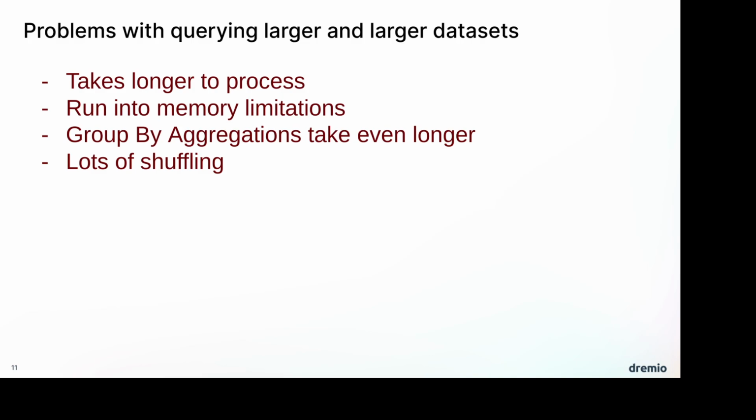Whether you're thinking of a Spark cluster, a Dremio cluster, or whatever massively parallel processing system you're using to process those queries. Group by aggregations take even longer because you're having to recalculate these calculations for each group after it's already divided up all this data, and then shuffling the data to get it into the right groups on the right nodes.